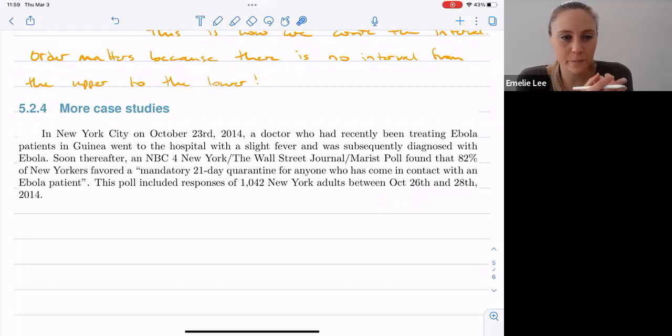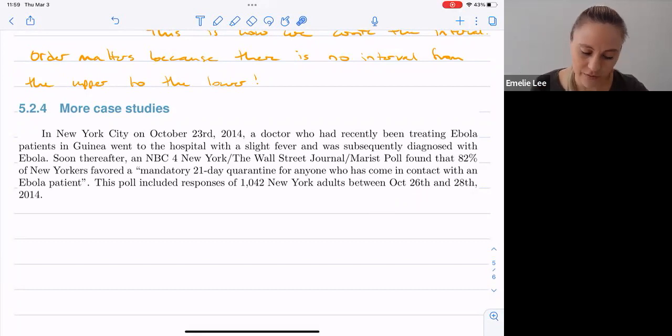And so let's just pick this thing apart, and then we're going to build a confidence interval for the proportion of people who support this mandatory 21-day quarantine.